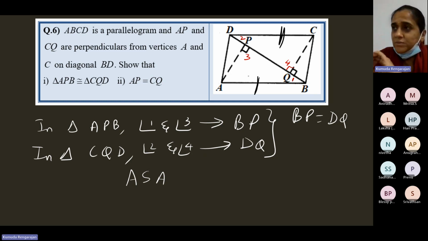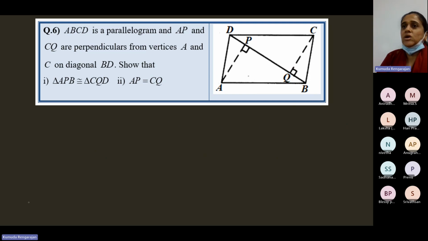If the included side of the first triangle is equal to the included side of the second triangle, BP equal to DQ, then it is ASA, two angles and the included side. But that information, BP equals DQ, we don't have. But we have something else, AB equals CD. So it is two angles and some other side, not ASA.